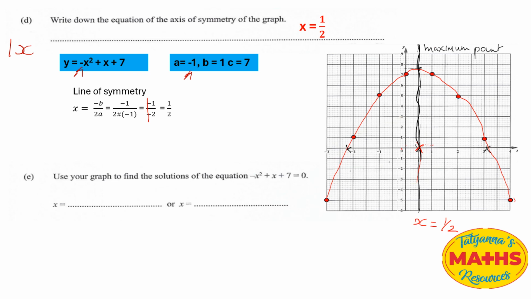So that is approximately negative 2.2, and this one I'm approximating to be about 3.2 also. Okay, so remember we are approximating to negative 2.2 and 3.2.